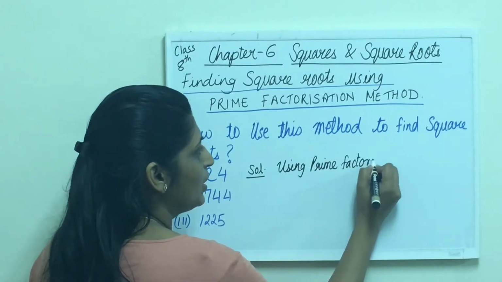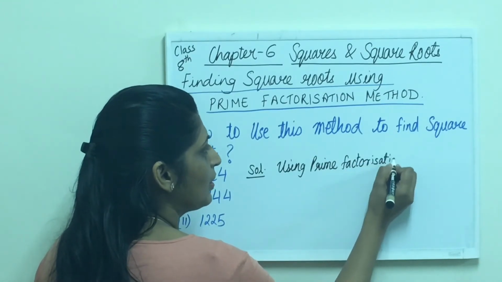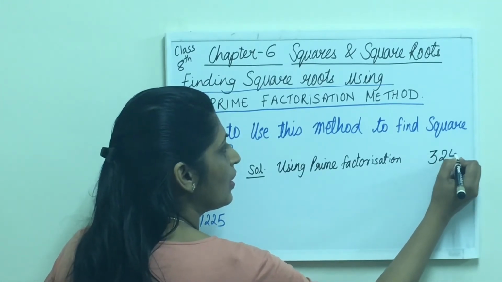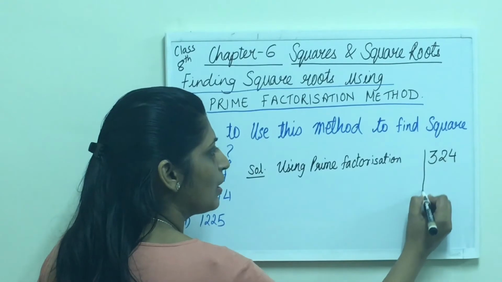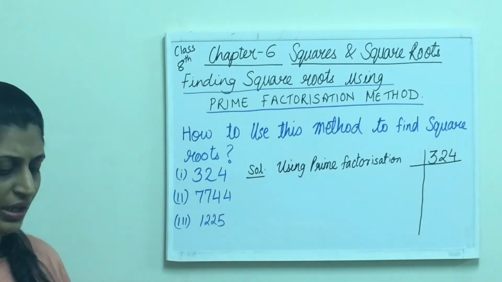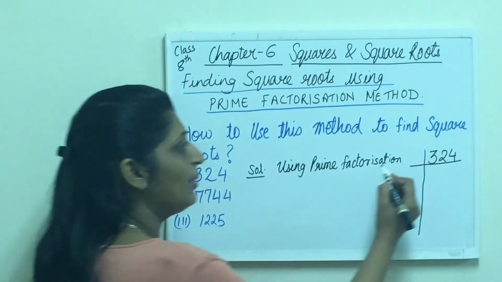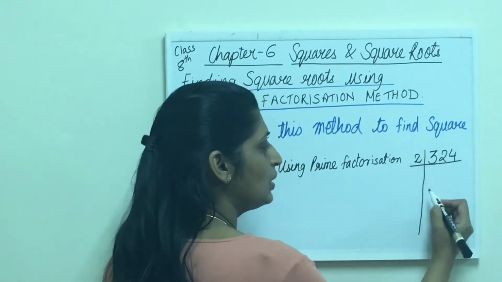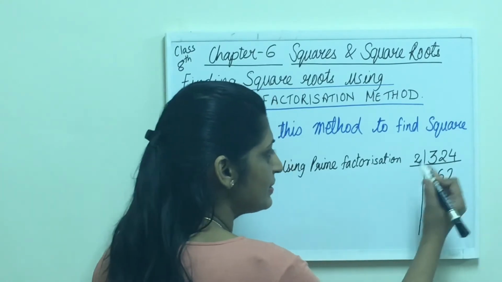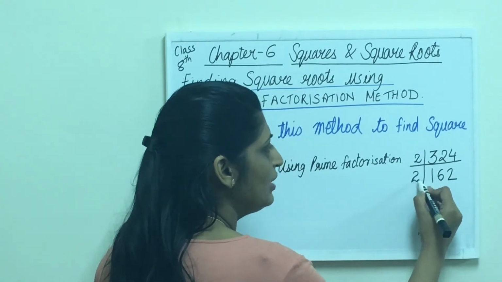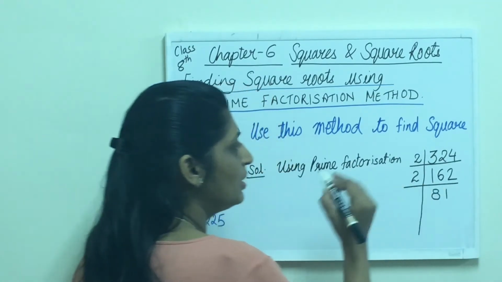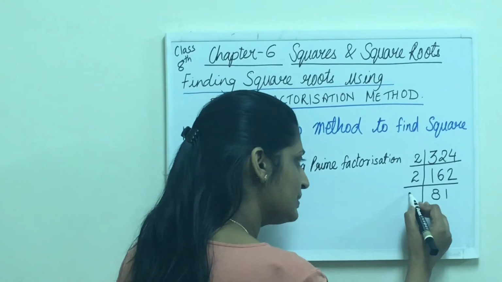I hope you all know, we will begin with the smallest prime number, that is 2. And we know that it is this. Again, we can take the smallest prime number, we get this.